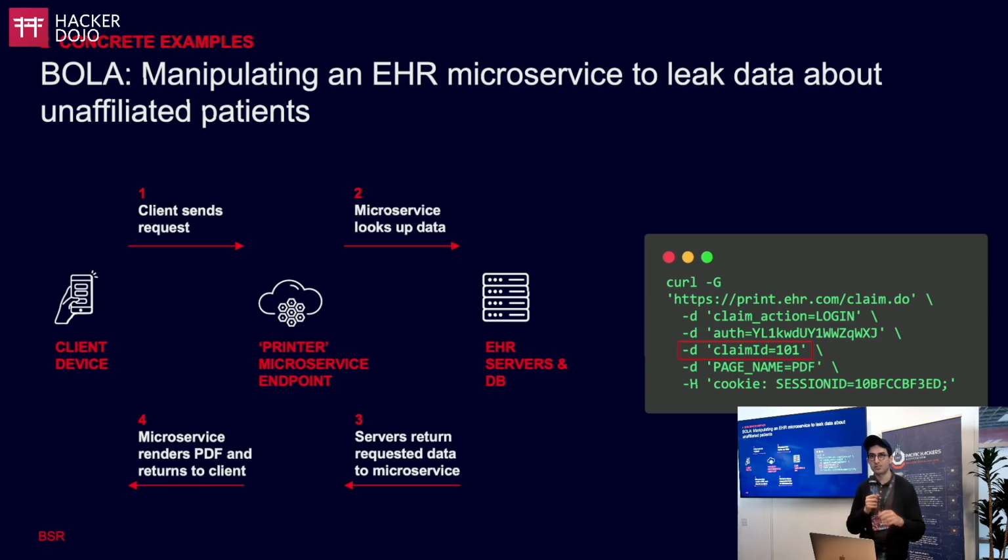Effectively, what that microservice does is it takes a call payload. This is a sanitized view of that call payload. But that call payload accepts a parameter called claim ID, and it looks up that claim ID in the database of the EHR. Every claim that matches that claim ID, it pulls back and puts into a nice PDF template, sends that back to the client, and as a practice manager, you can print that off, give it to the patient, or send it off to another physician that you're referring a patient to.